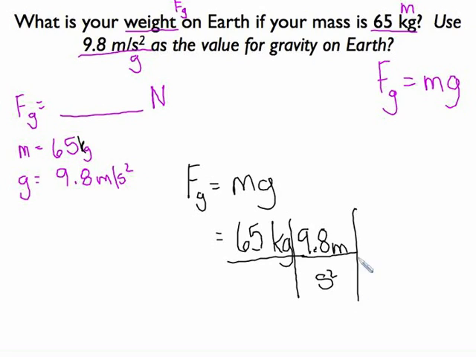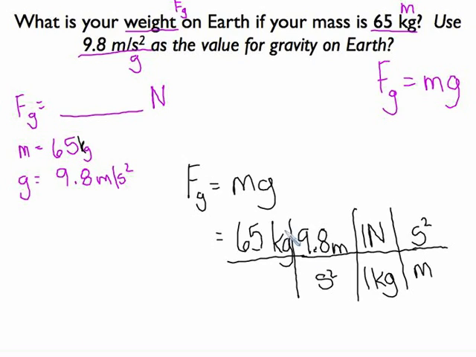Again, in order to get rid of the units, you want newtons on the top. So you can put newtons here, and 1 newton is equal to 1 kilogram times meters per second squared. The second squared goes on the top this time because the meters per second is on the bottom. You don't have to do this part.